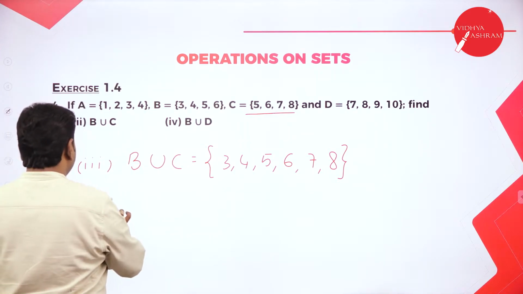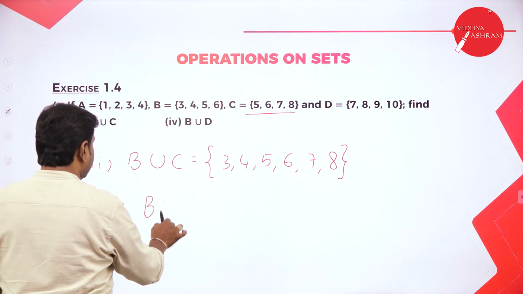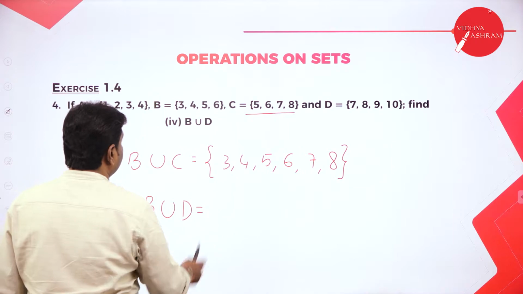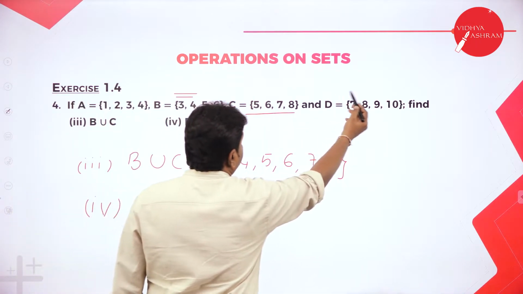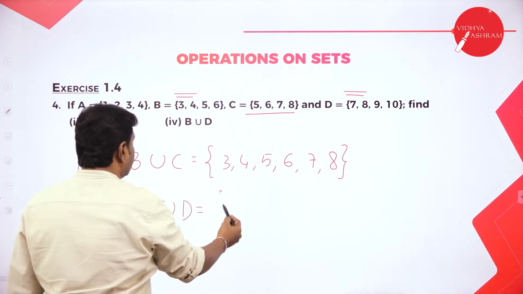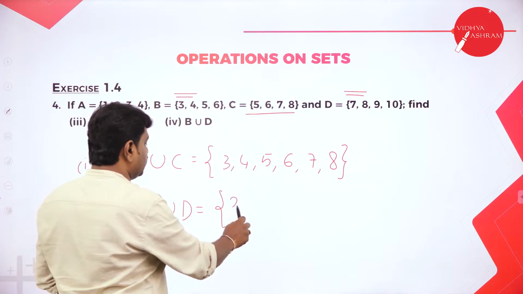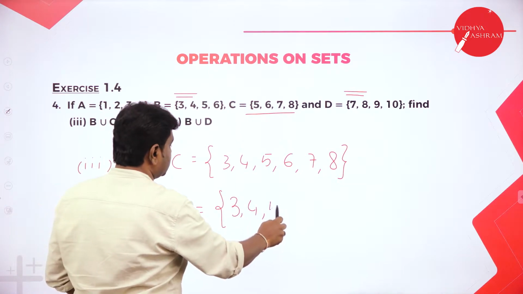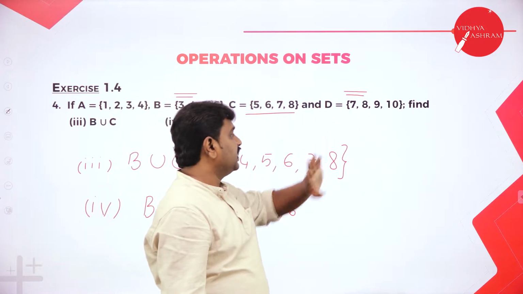Then the fourth one is you need to find B union D. What is meant by B union D? Write the elements of set B and the elements of set D without repeating. What are the elements of set B? 3, 4, 5, 6. And the elements of set D? 7, 8, 9, 10.